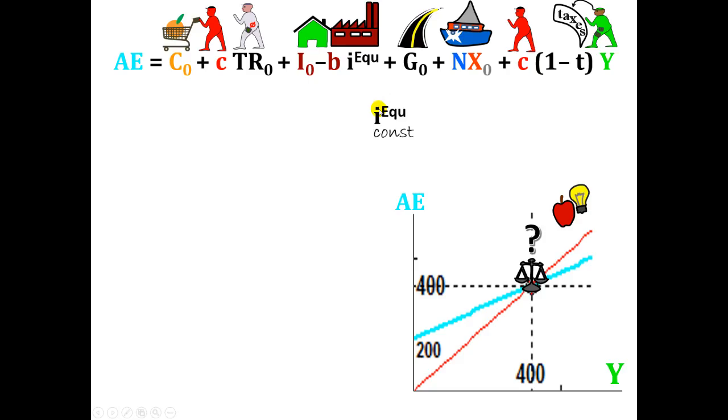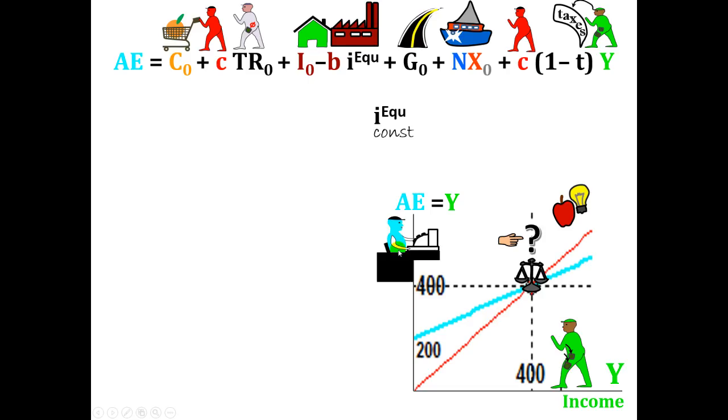What we want to do is to find the value of the interest rate in equilibrium. So as we want equilibrium, we ask how I find the equilibrium in the goods and services market. Well, we know already we have to set aggregate expenditure equal to income. So this is income in the horizontal axis, this is aggregate expenditure in the vertical axis, and in equilibrium aggregate expenditure is equal to income.